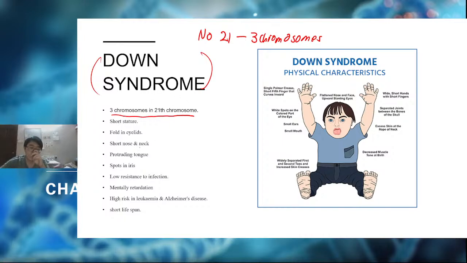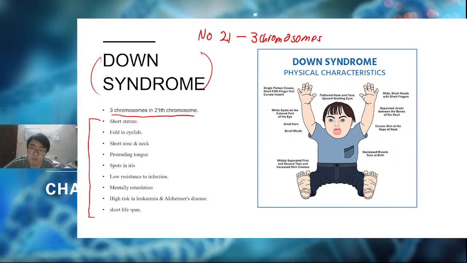These are the physical characteristics. Those with Down syndrome have short stature, meaning they are very short. They have folds in the eyelids, a short nose and neck, and a protruding tongue.